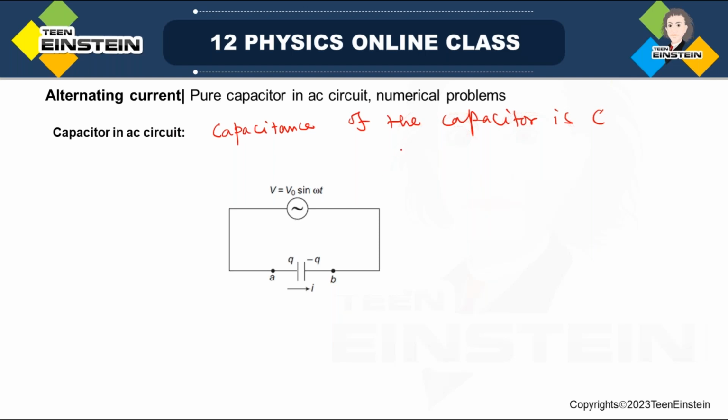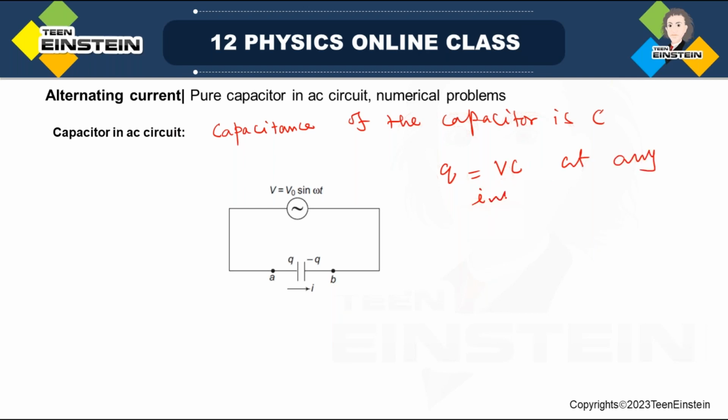So we know that the charge stored in this capacitor will be, if the charge is Q, then Q can be written as V, the instantaneous voltage, into C at any instant.